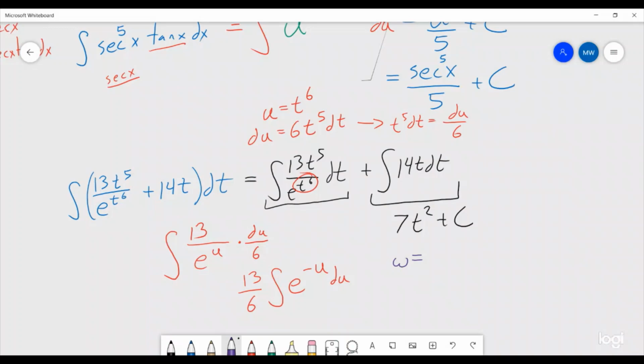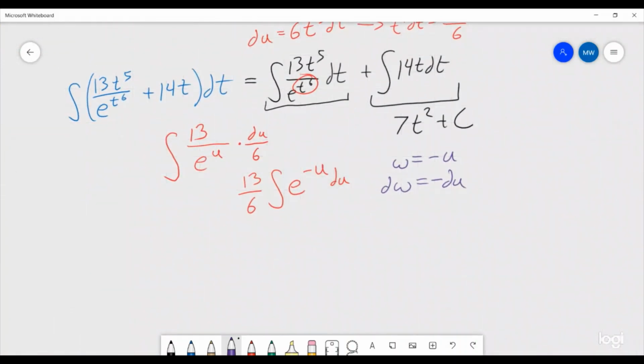So if we say that w is negative u, then dw is going to be negative du. So this turns into 13 over 6 integral of e to the w dw with a negative sign. This goes to negative 13 sixths e to the w, plus some constant.